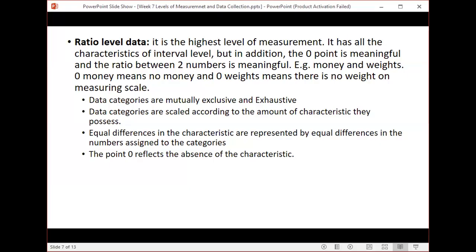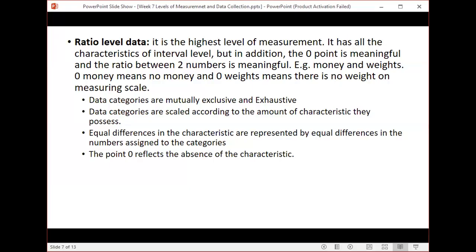And so between two numbers, we also can make sense out of it. All right. And so it has all the characteristics. Data categories are mutually exclusive and exhaustive. They can be ranked. We can talk about equal difference, representing equal difference in the numbers assigned. And the 0.0 reflects the absence of the characteristic. That is what makes it the highest level of measurement.